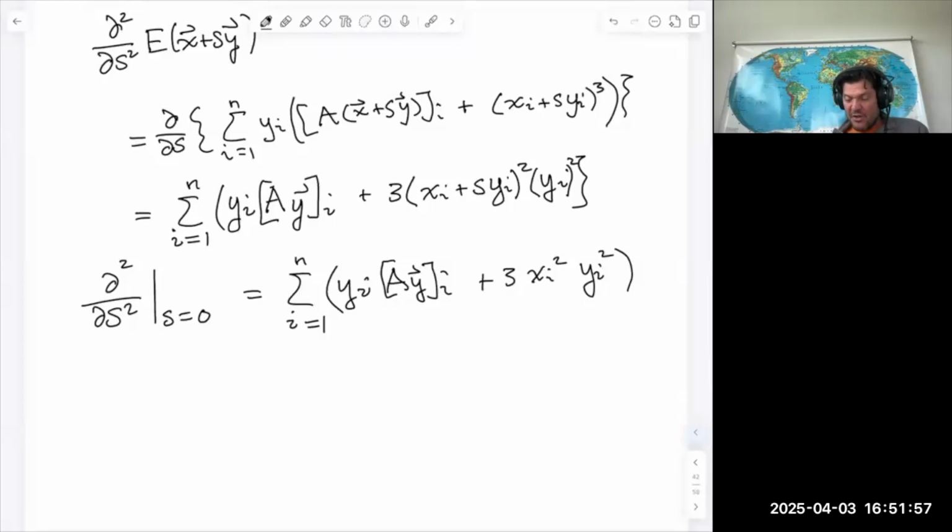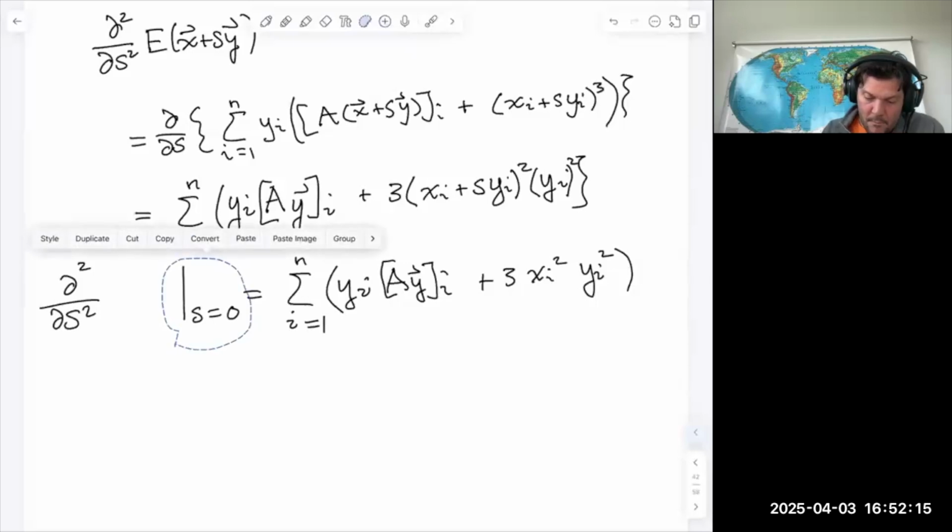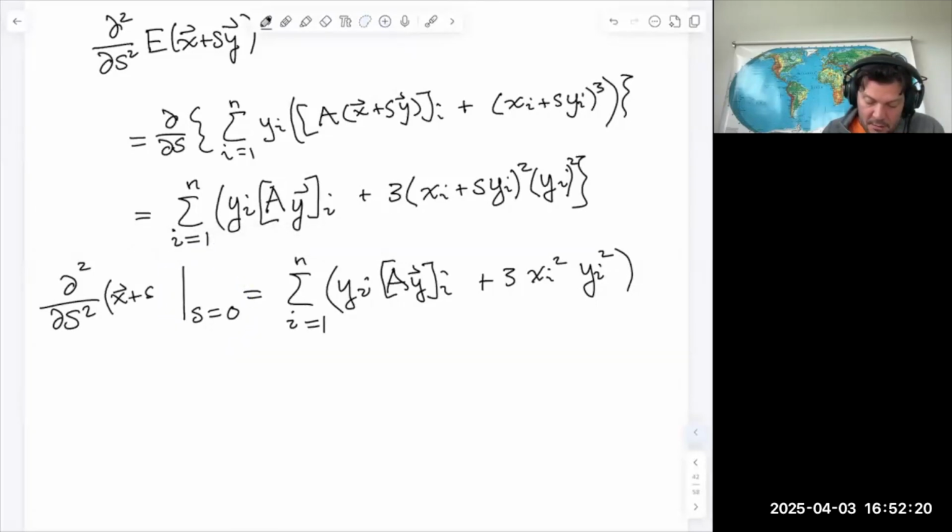Now, we said that we should be able to write this as a bilinear form, right? Because for every x, I forgot to write, this should be x plus s y. So if I'm correct in my calculation here, we should be able to write this as some sort of bilinear form, right?